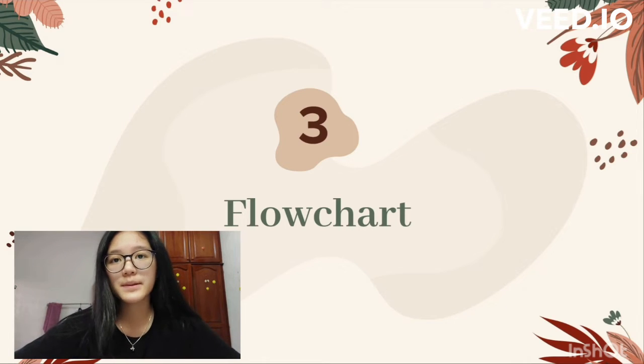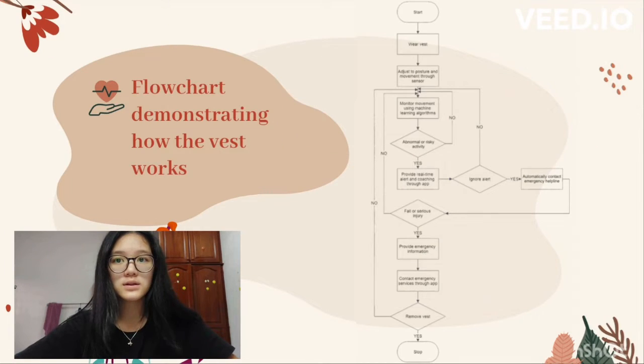Now I would like to explain the flowchart which demonstrates how this smart Internet of Things vest works. The system will start once the patient wears on the vest. Next, the vest will fit according to the patient's posture through the sensor. For example, when the patient is walking, sitting, or standing. The user has to activate the application in their smartphone so the vest can monitor the movement of the patient, and the fall prevention system will start to detect.